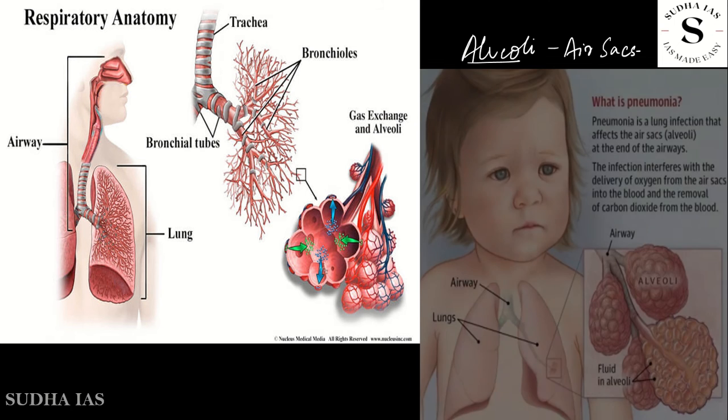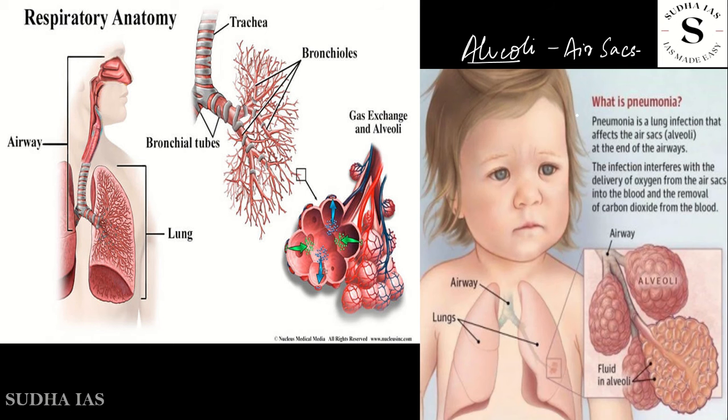Now, pneumonia is an infection that inflames the air sacs, which get filled with fluid or pus, which makes it difficult to breathe since the exchange of gases is now affected.